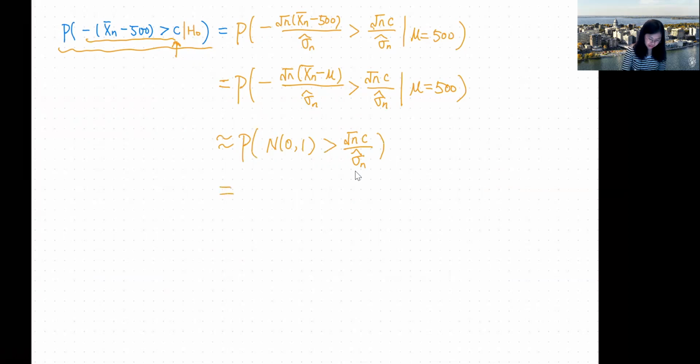And that is 1 minus the CDF of standard normal evaluated at root n c over sigma n hat, where phi is the CDF of standard normal.